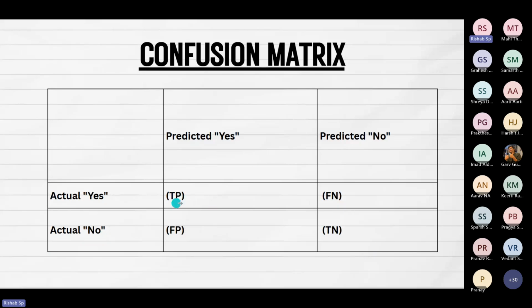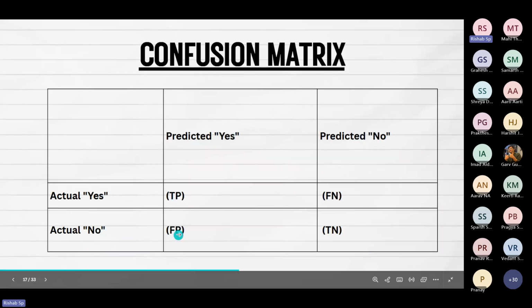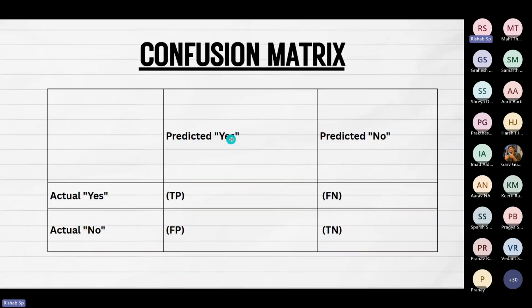This is true positive, TP. This is false negative, false positive, true negative. So what does this represent? I predicted yes, positive, and in reality it was positive, so it is true positive.